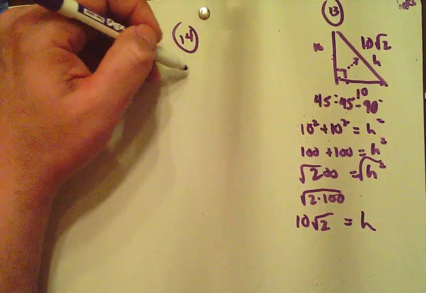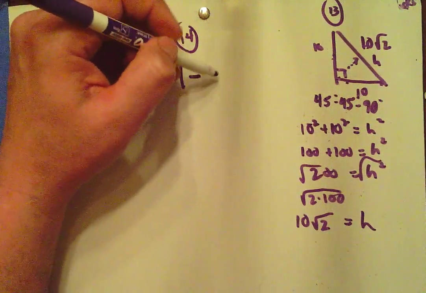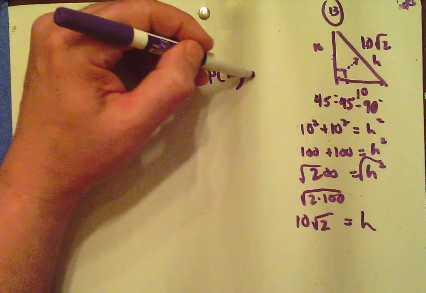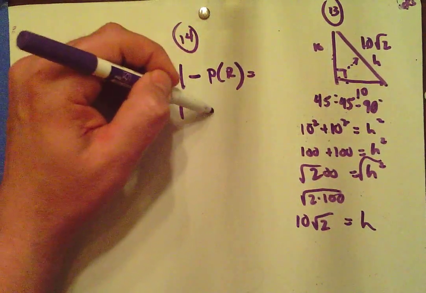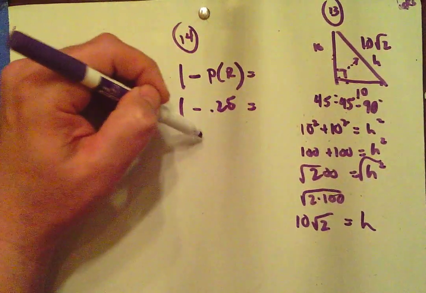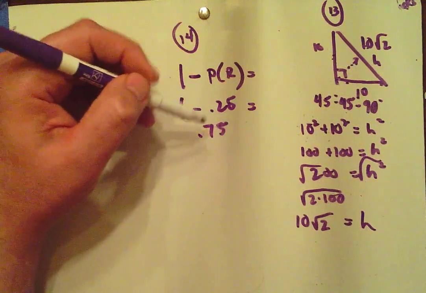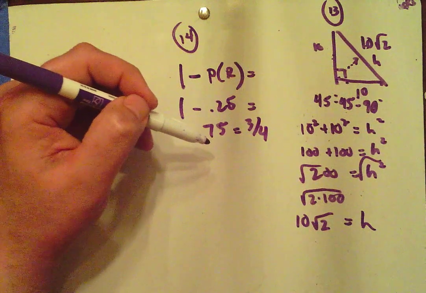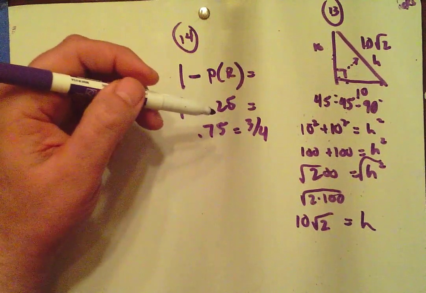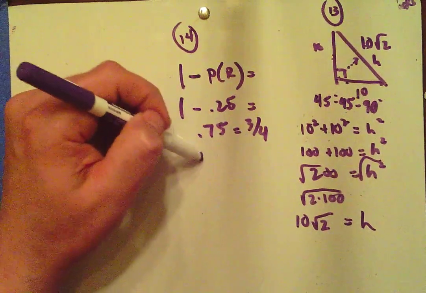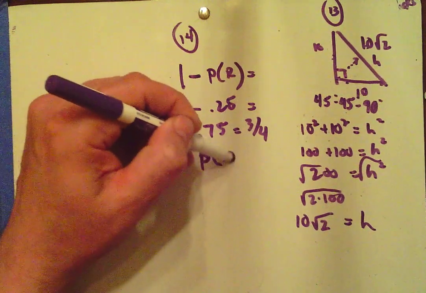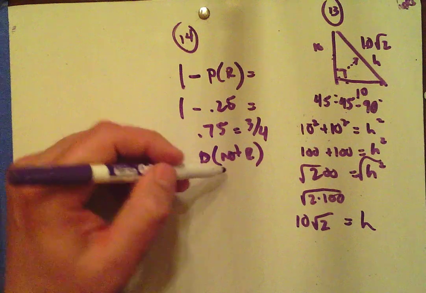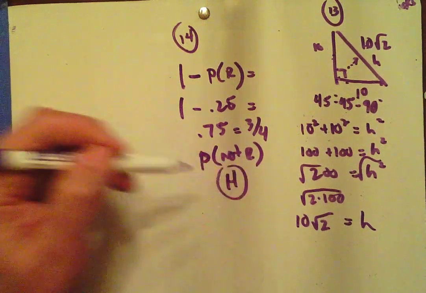Well, if I take the probability of red away from 100%, that's 1 minus 0.25, I get 0.75, or 3/4. That's the probability of not red. So that's choice H for number 14.